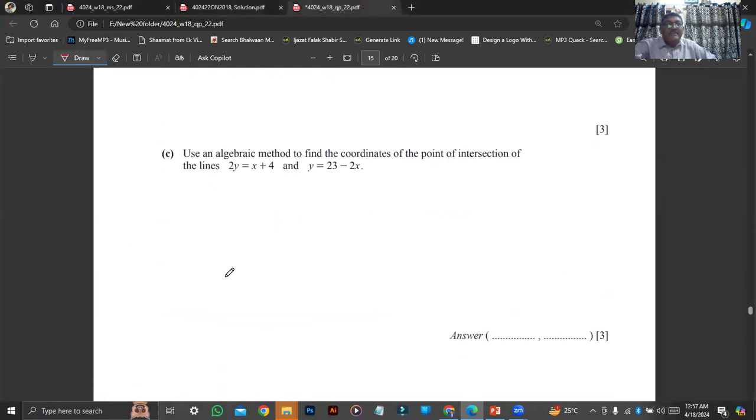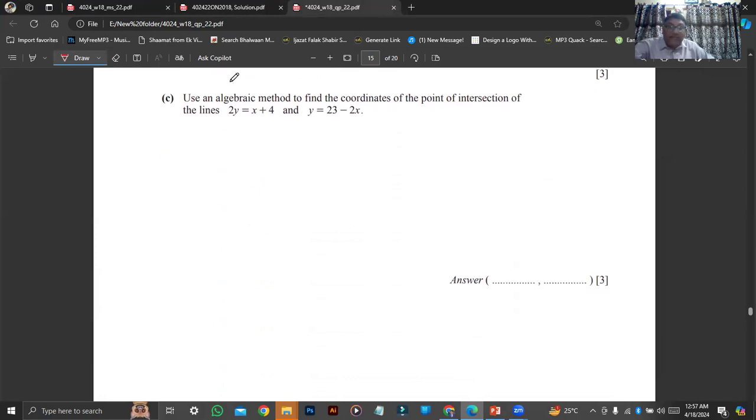Okay, then he says use an algebraic method. So this word is important. He wants us to use an algebraic method to find the coordinates of the point of intersection of the line 2y equals x plus 4 and y equals 23 minus 2x. So we have to find the point of intersection. These are two straight lines, linear equations.